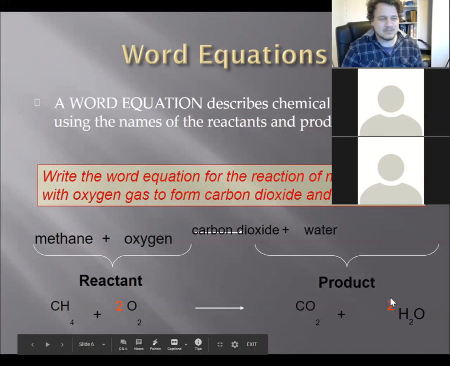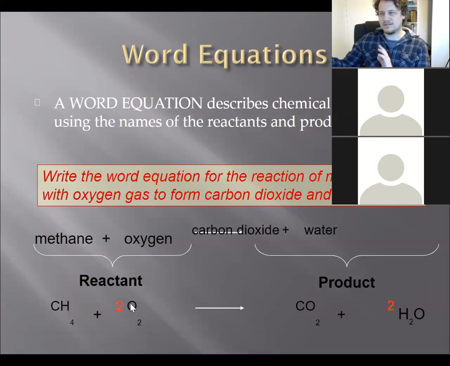There's another concept here. In a chemical reaction, the sum of all of the products has to equal the sum of the reactants. So you can't have more product than you did reactants. It just doesn't work. It has to balance.